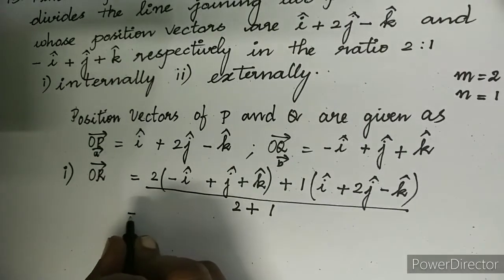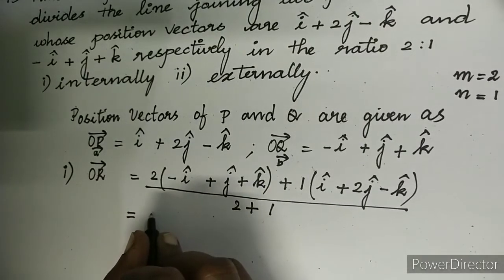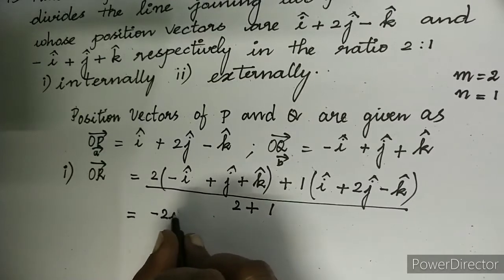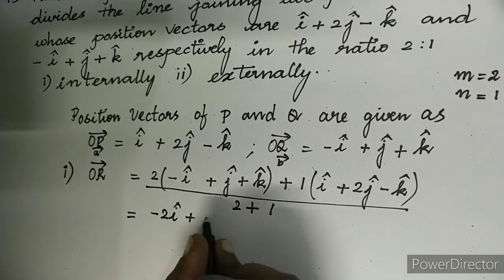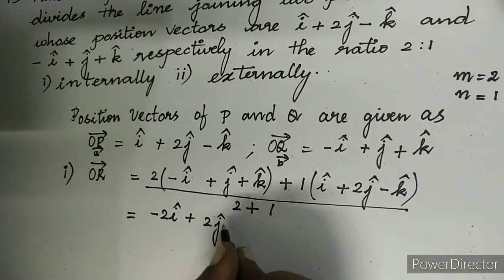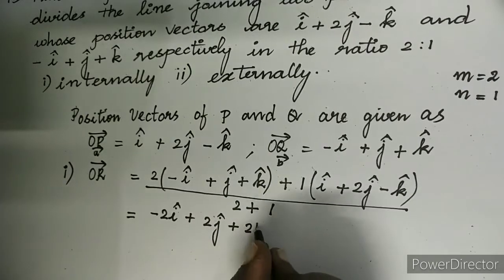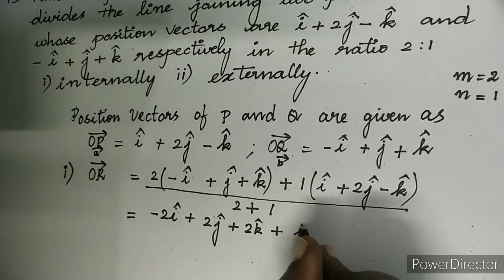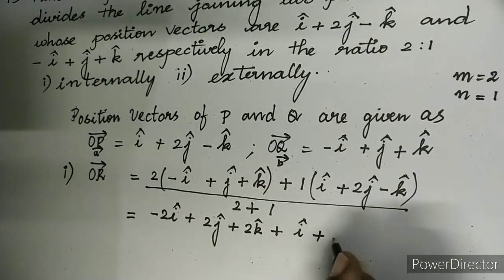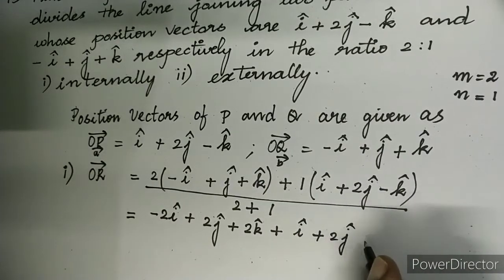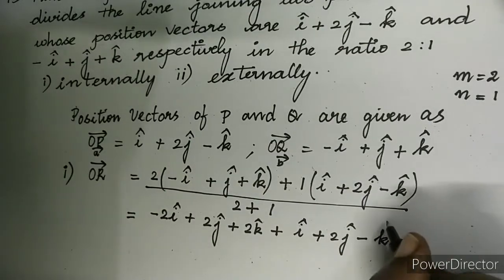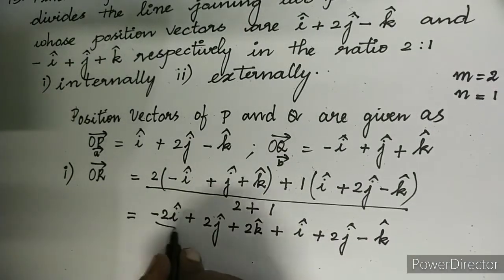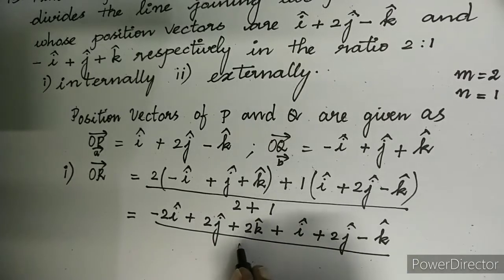Now we will simplify, multiply 2 inside, so minus 2 i cap plus 2 j cap plus 2 k cap plus multiplied by 1, we will have i cap plus 2j cap minus k cap. 2 plus 1 is 3.